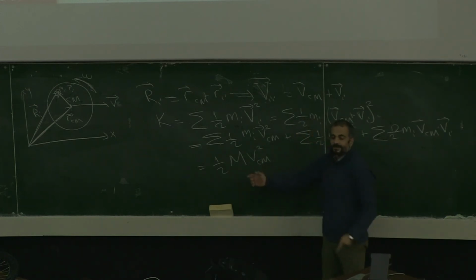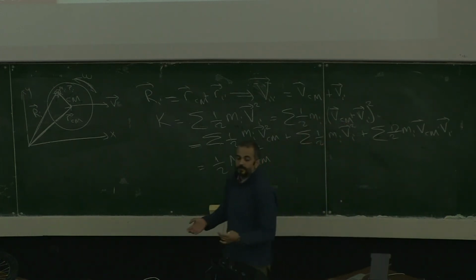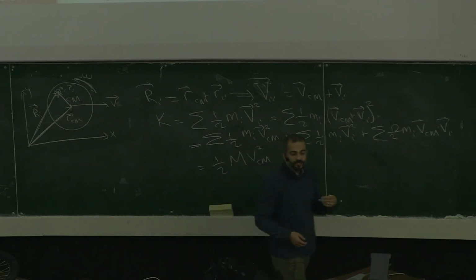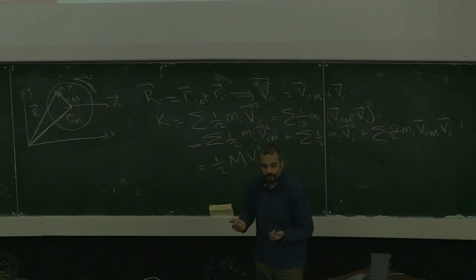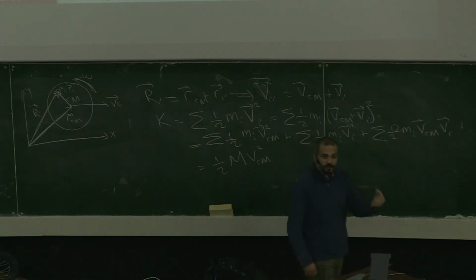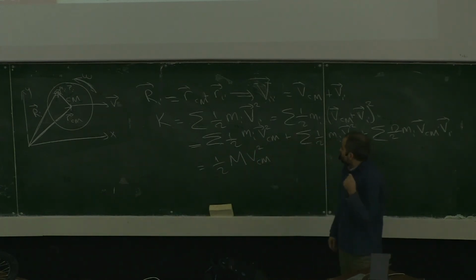This is just as if I have an extended object. We had already seen that in terms of translational motion, my extended object behaves just like a point mass located at the center of mass. If I'm just studying the translational motion, I can replace my mass with a point mass at the location of the center of mass, feeling the total external force acting on my system.